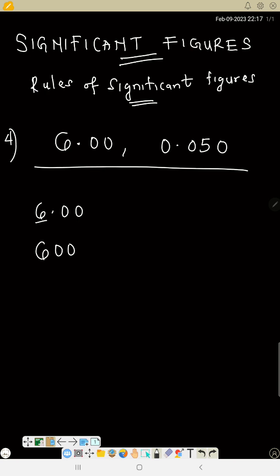Now this is a number, then after the point I have 0 0. So these zeros are important. Now compared to this one without a point, this is 1, 2, 3. This is 3 significant figures. Why is this one 1 significant figure? Because you have one number. Without a point it is just 1 significant figure.